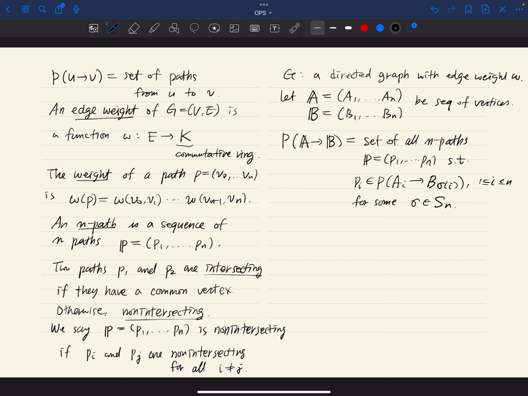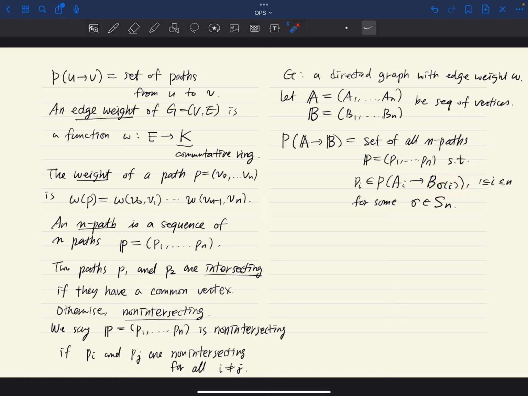That means A1 up to An are starting points, and B1 up to Bn are ending points, but A1 doesn't have to go to B1 only; it can go to B1 or B2 or anything like that. But the ending points must all be distinct, because there's a permutation.